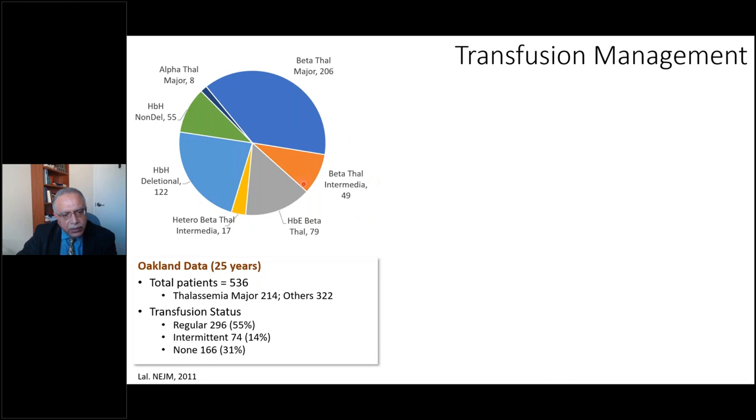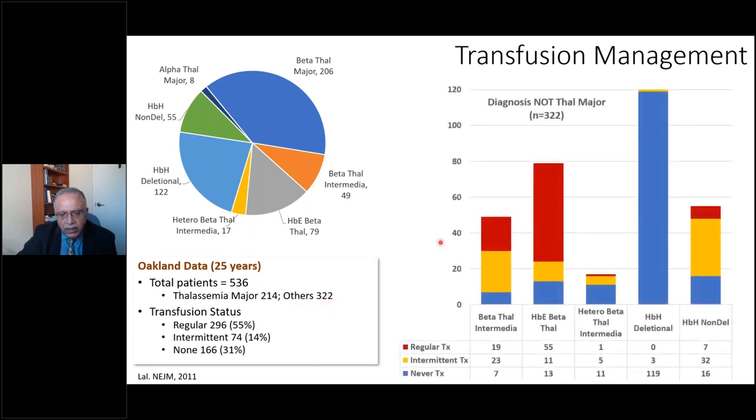So I wanted to present our own data from our center for 25 years, where the non-transfusion dependent patients were 322. If one looks at just these non-Thal-major patients, and the different syndromes that comprise this group, a significant percent of patients who have beta-thal intermedia and E-beta-thal get started on transfusions.